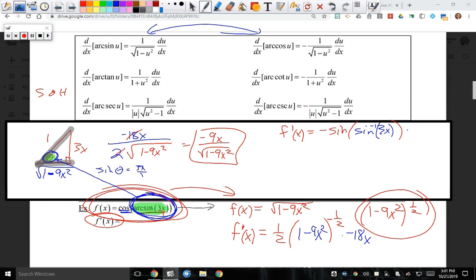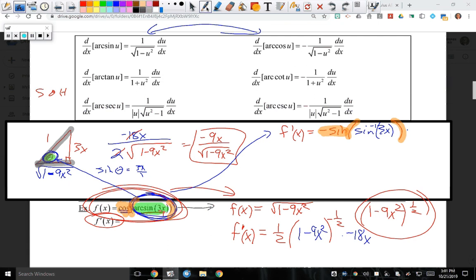So here, I'm going to just go straight to calculus and say, what's the derivative of the outer shell, like Oreo cookie method? The derivative of cosine is negative sine of the stuff inside times the derivative.